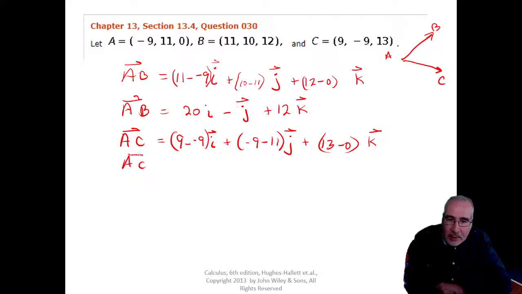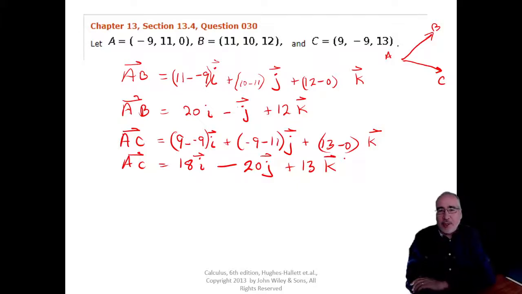So AC is going to be 18I minus 20J plus 13. Okay. So those are our two vectors, here and here.